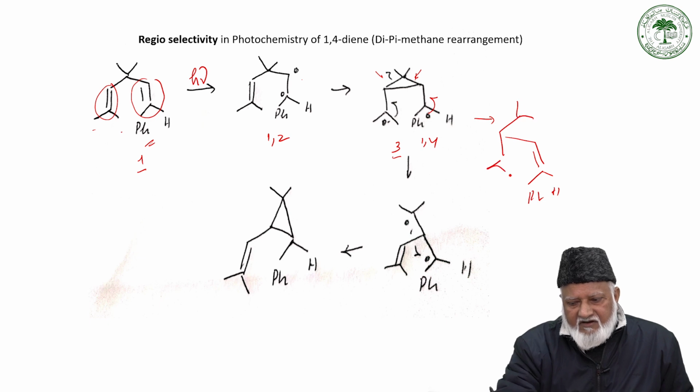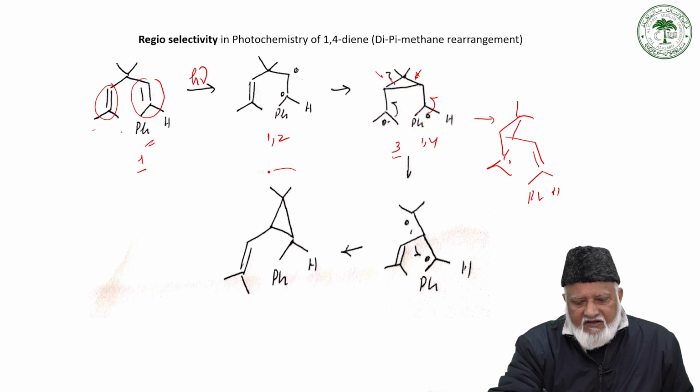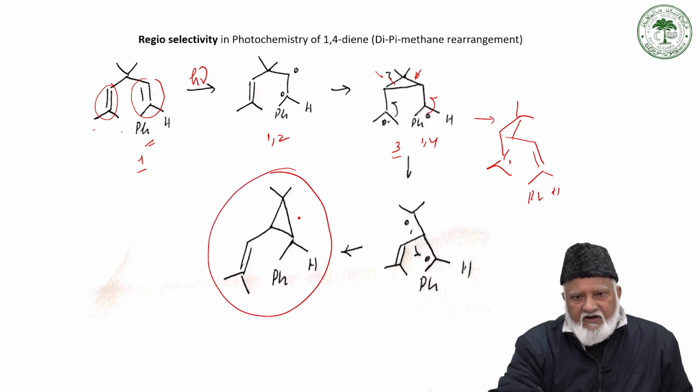But this 1,3 diradical exclusively cleaves this bond of the cyclopropane and not the other, which gives one of the major products formed. So it gives this 1,3 diradical and then cyclizes to give the product.